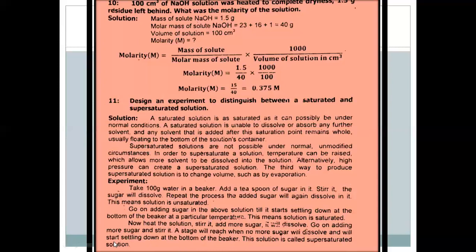This solution is called supersaturated solution. So this is the experiment through which you can prepare a supersaturated solution, and you can differentiate between the two solutions. Hope you understand this.